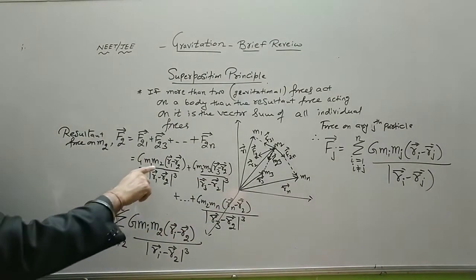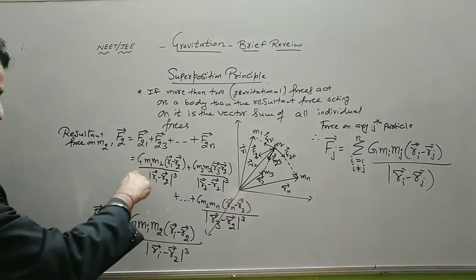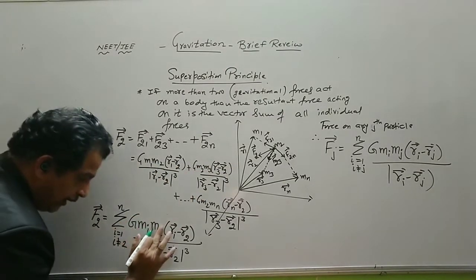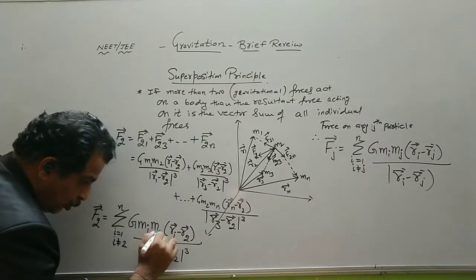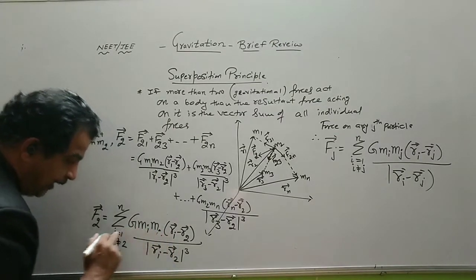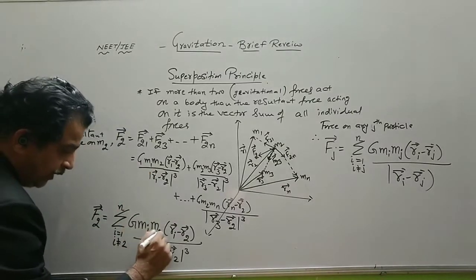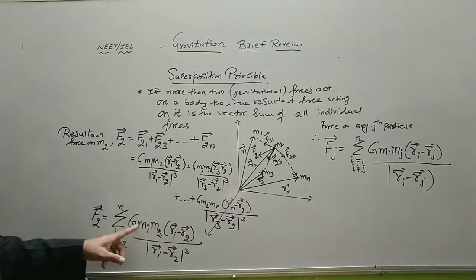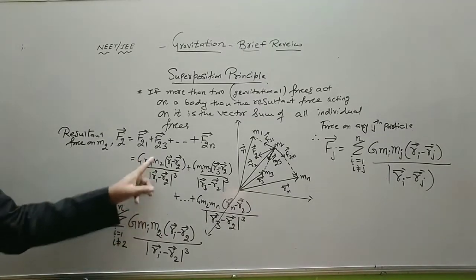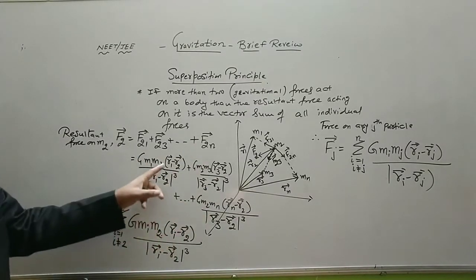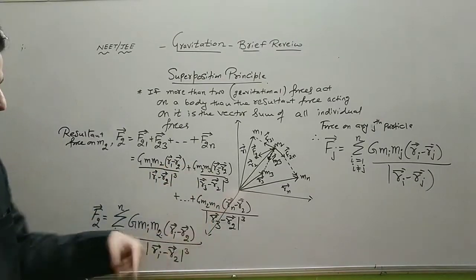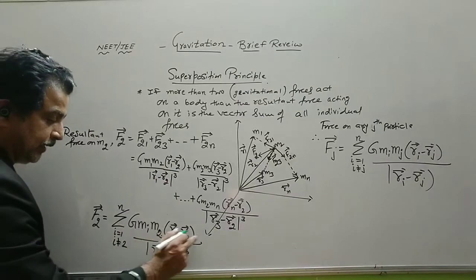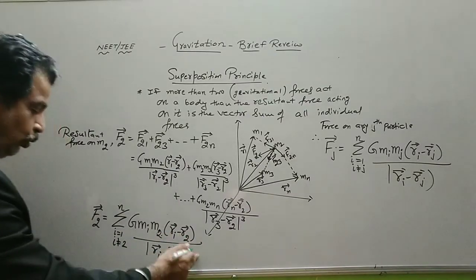Now here M2 is common in all the equations, so we write M2 as common, and the variable index i is given to 1, 3 and n. So we write G, Mi, M2 which is common. Then 1, 3, n are variable, so we name that variable as i. So (Ri minus R2) upon the whole cube of the magnitude of Ri minus R2.